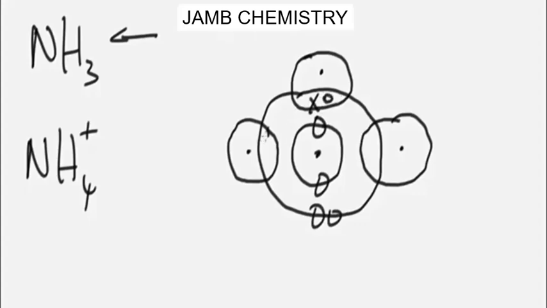The hydrogen here donates its 1 electron, the nitrogen donates its 1 here, the hydrogen here donates its 1 electron, the nitrogen donates its 1 here, for both atoms to attain stability.